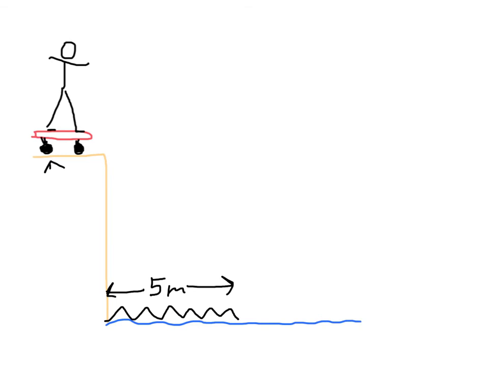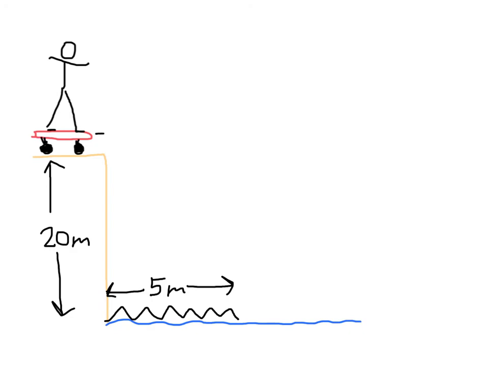So let's say that this distance here is, oh, what's a good number here? Let's just say that they're up pretty high, up at 20 meters. I guess that's kind of a high dock.